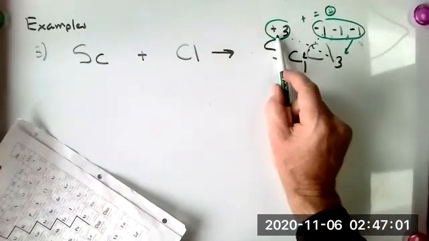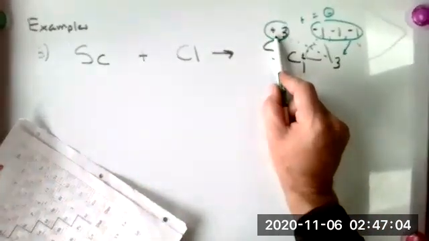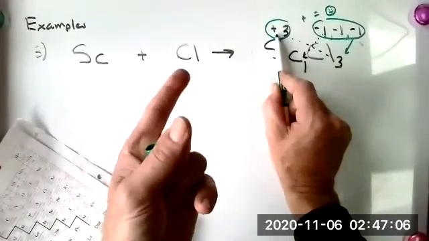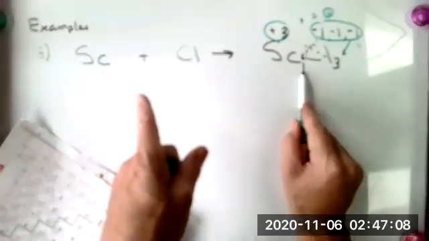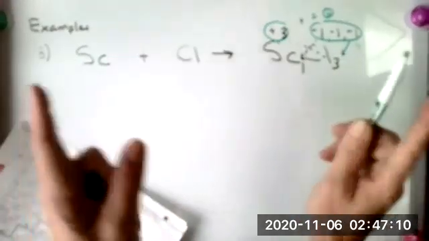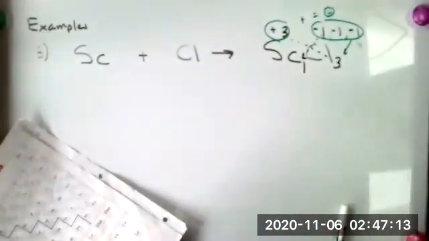How many scandiums did I actually have to use? Just one. Happened to be at a +3, but I used just one. That's the power of drop and cross. Within seconds, you can get these oxidation numbers to add up to 0, and you're done.